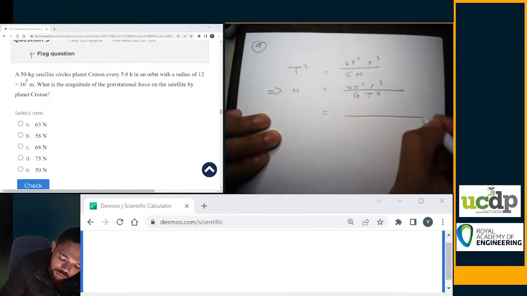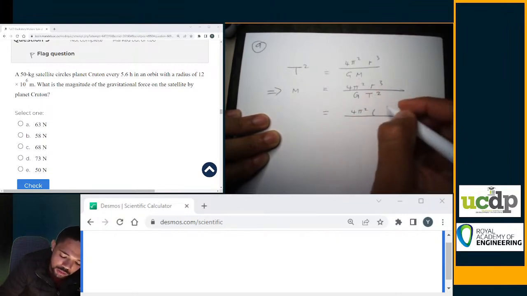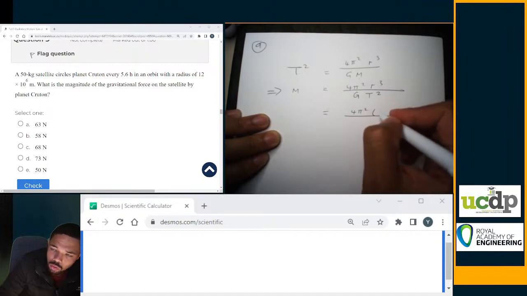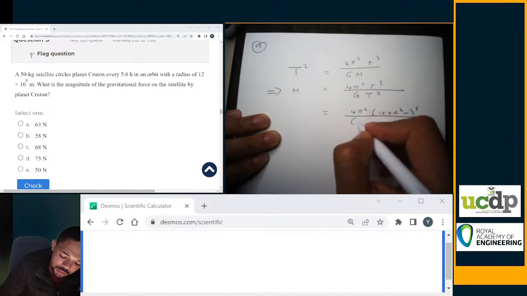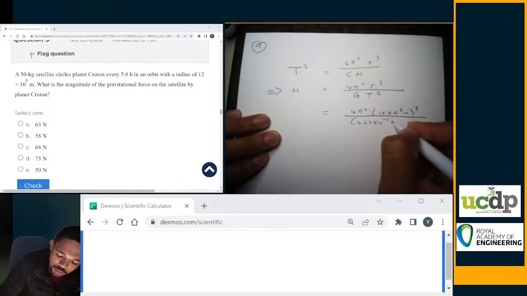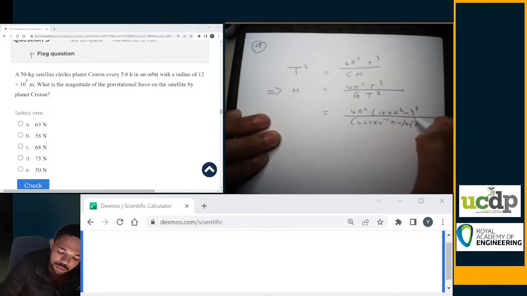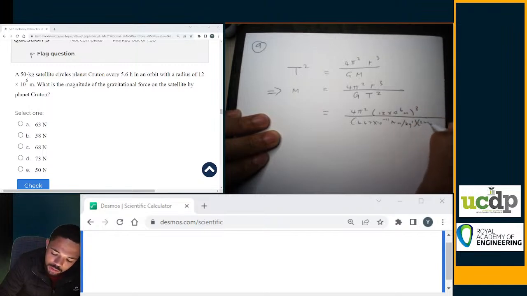Substituting what we know: 4 pi squared times the radius of orbit, 12 times 10 to the 6 meters, cubed, don't square that, times 6.67 times 10 to the negative 11 Newton meters squared per kilograms squared, over the period. We only work in seconds, so 5.6 hours is 5.6 times 60 minutes times 60 seconds.